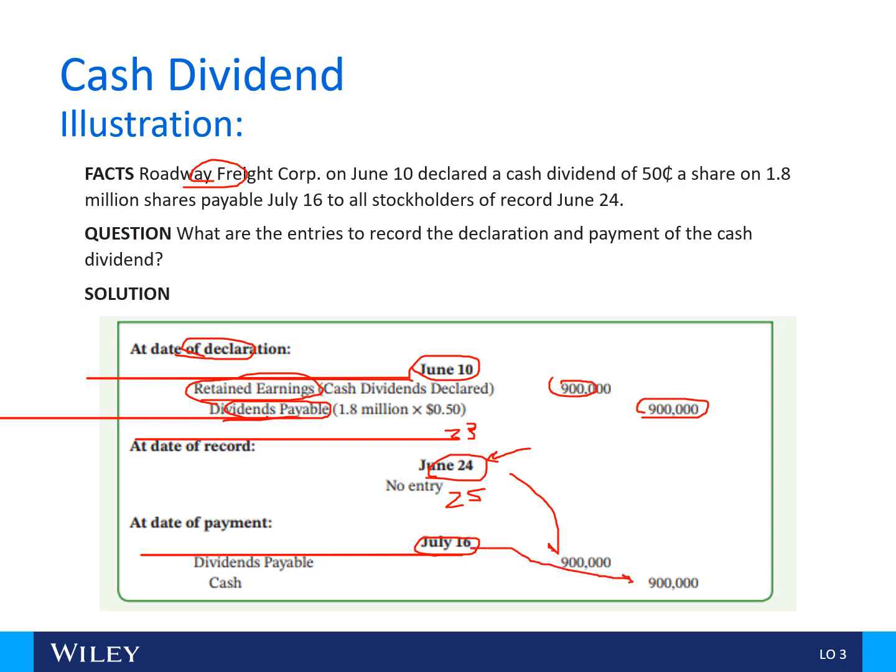On July 16th, all that happens is that my dividends payable gets satisfied through cash, but retained earnings goes down on the day you declare the dividends, June 10th. A lot of times people get confused and think that dividends reduce retained earnings the day they're paid. It's not. It's reduced on the date it is declared.